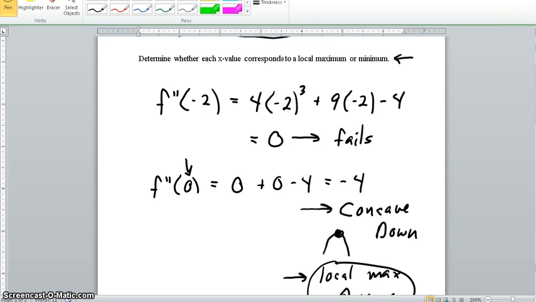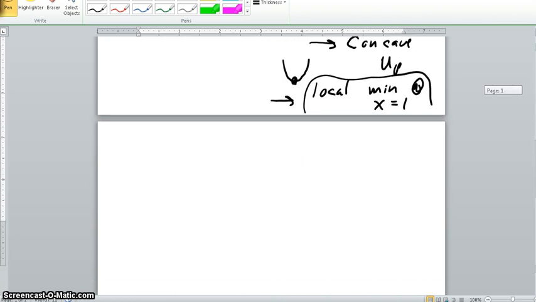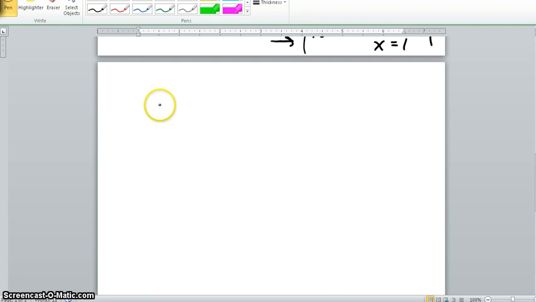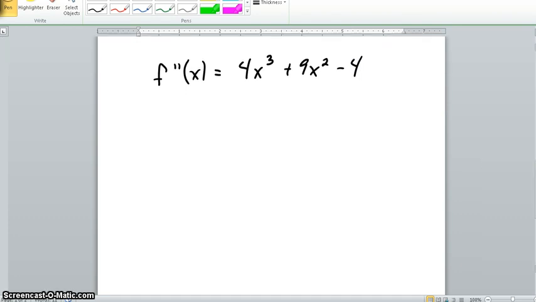Actually, we'd use the first derivative test, in which case we would need to get the first derivative. Since we know the second derivative, we can get the first derivative by integrating once with respect to x.